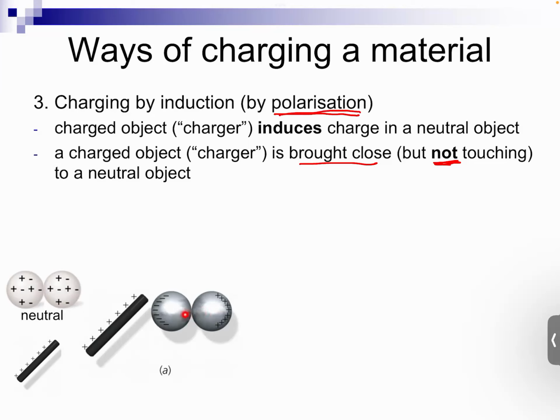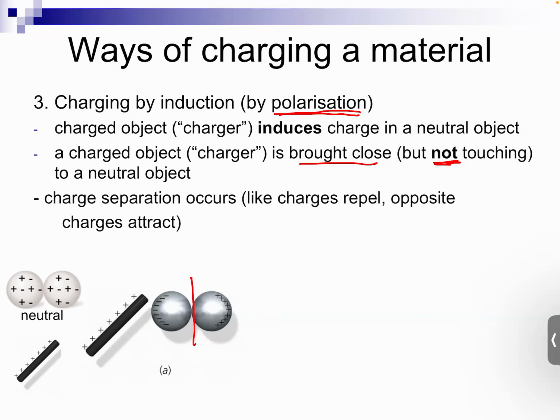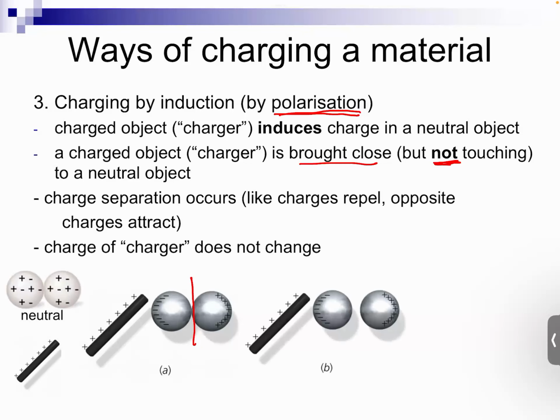The charges are polarized, so that if I cut the object in two, I end up with two objects, one positively charged and the other negatively charged. Right. So any question about charging by induction?